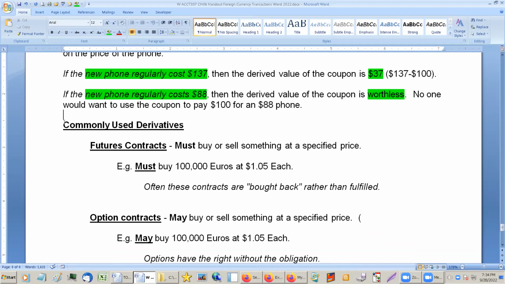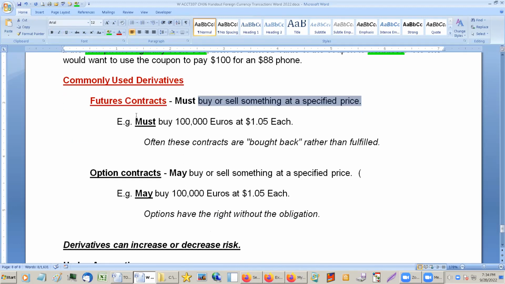Okay, so commonly used derivatives. Futures contracts. With a futures contract, you must buy or sell something at a specified price.